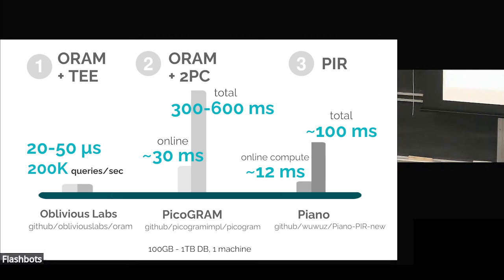With plain TE for a very large database like Ethereum or Signal scale database, every request takes 20 to 50 microseconds, which is very, very fast. And with these crypto techniques like 2PC or private information retrieval, we are looking at about tens or hundreds of milliseconds.